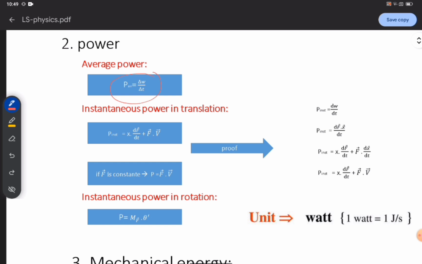It means delta work over delta t. Instantaneous power in translation: if F is constant, P equals F scalar v. It's so important. Instantaneous power in rotation is cancelled since it is not required for the LS section. The unit of power is watt.